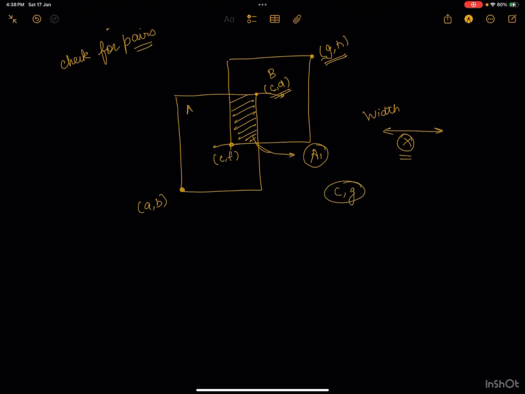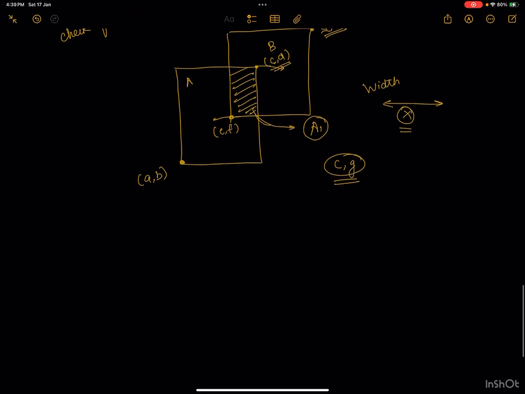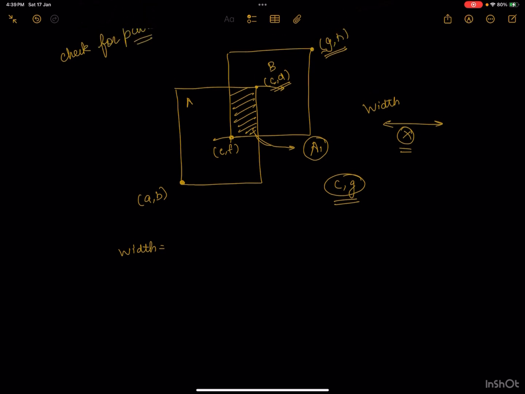Since they're top right, that means that one of them would be ending before the other in the x direction.